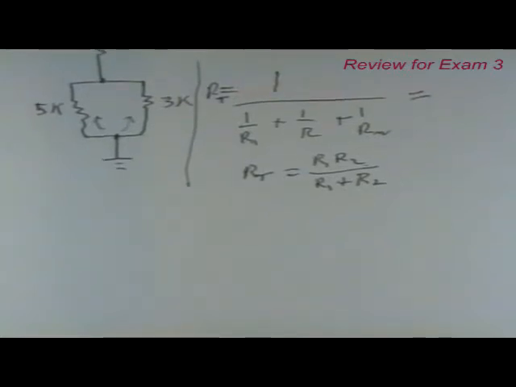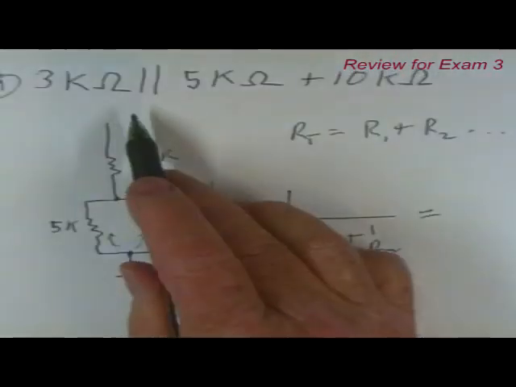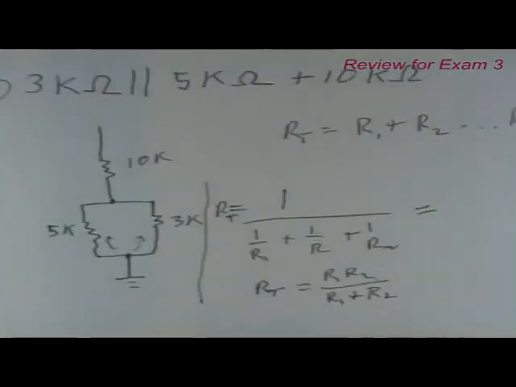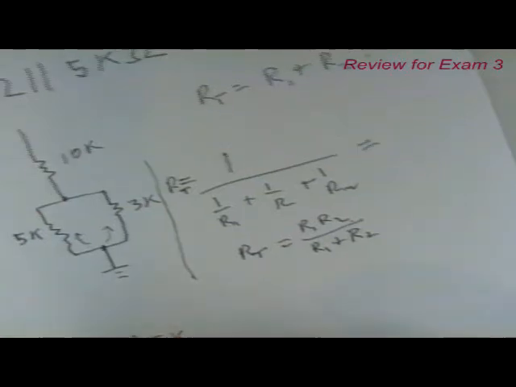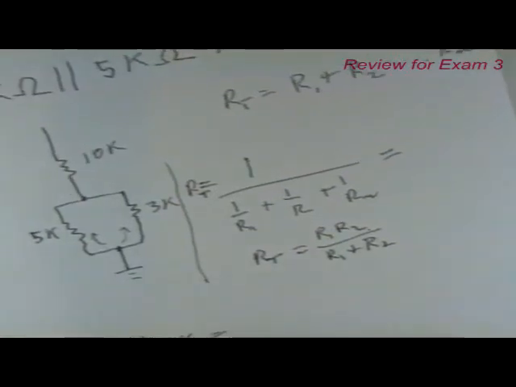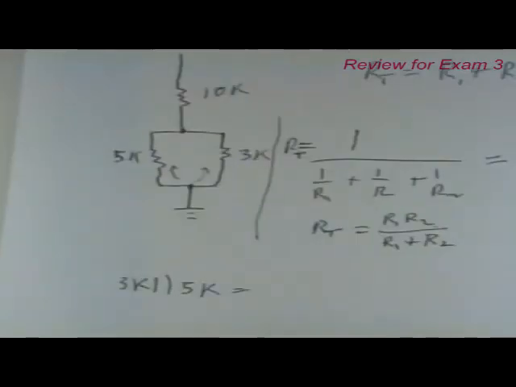Now, the first thing we want to do is solve the parallel part of it first. So I say 3K in parallel with 5K is how much? I'm going to go ahead and put this into my calculator. You do the same thing.